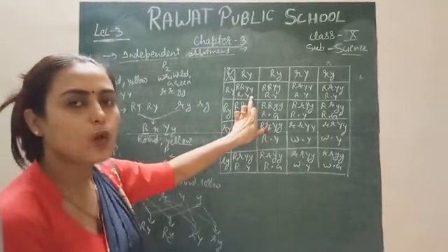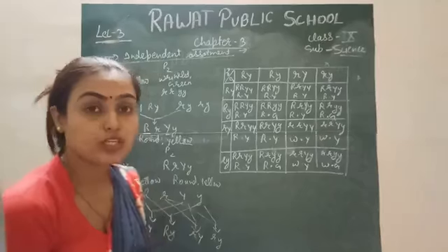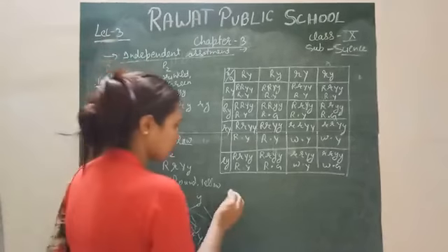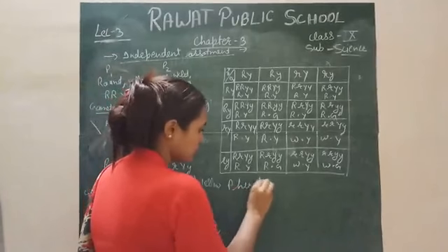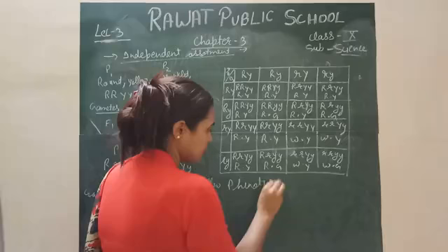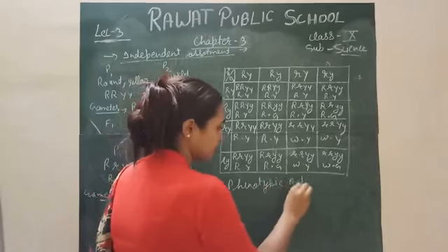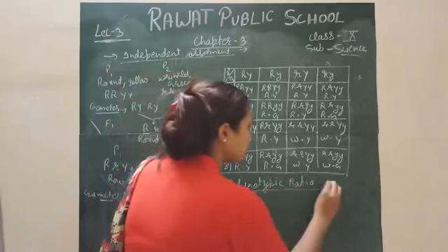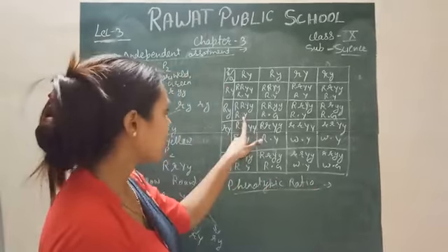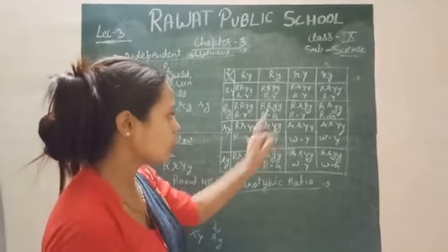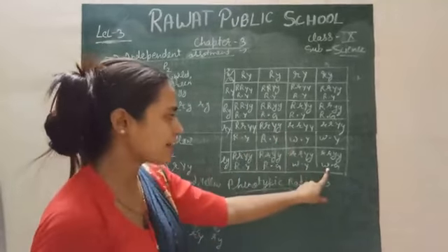Now we will find out the phenotypic ratio simply. We will get 4 types of progeny: yellow round, yellow green, wrinkled yellow and wrinkled green.